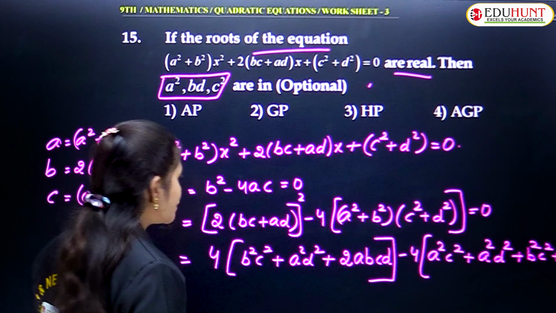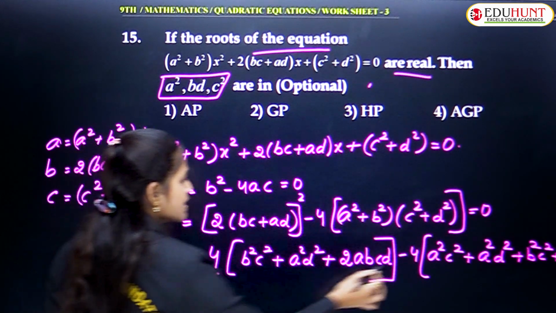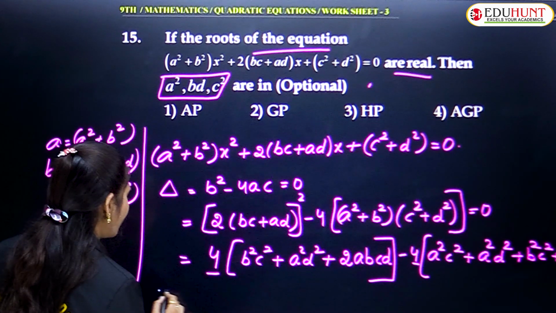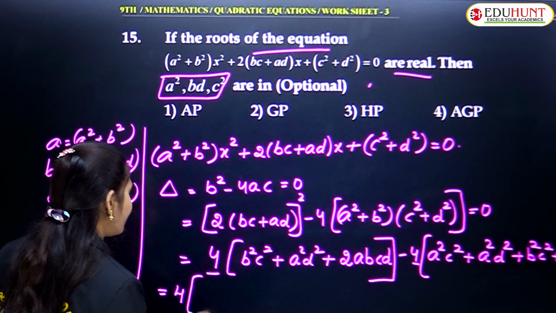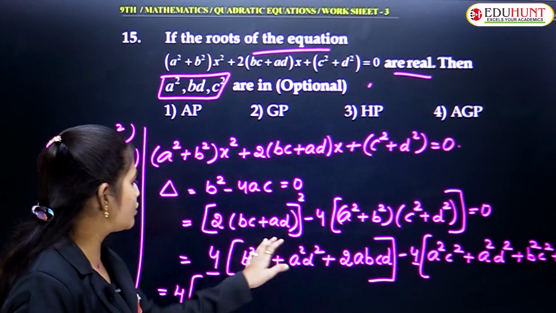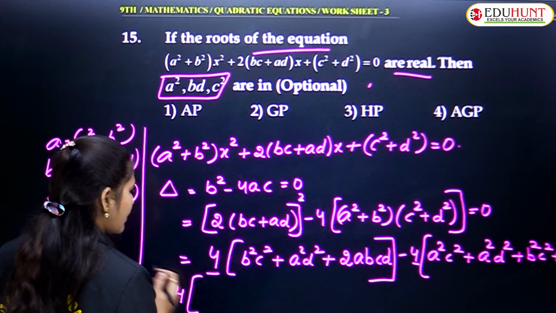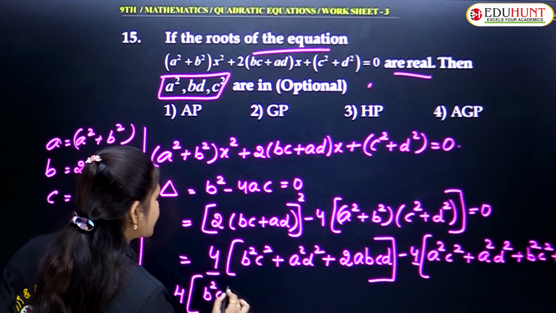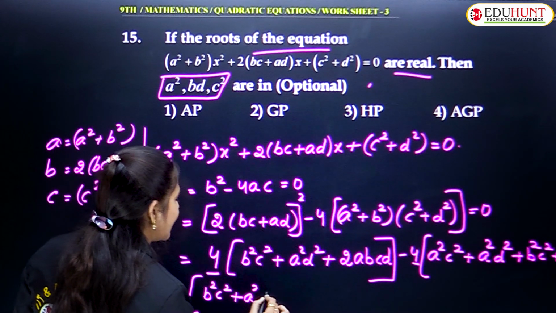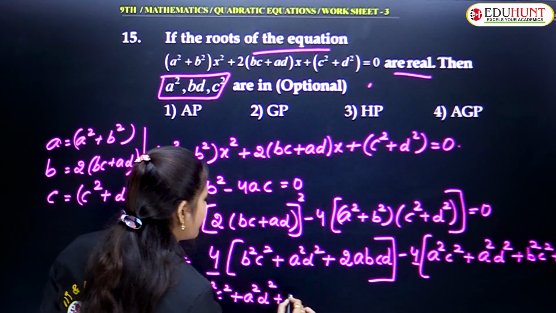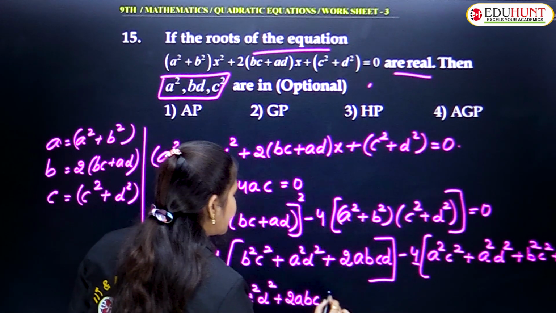Clear to you? So children, observe that here 4 is there and here also 4 is there. So I want to take that 4 as common from those 2 expressions. So b square c square plus a square d square plus 2abcd.